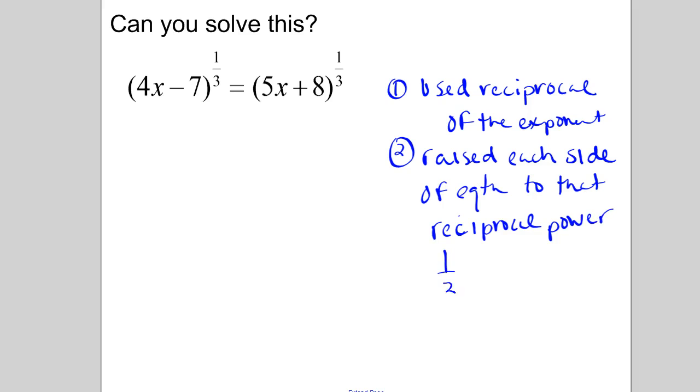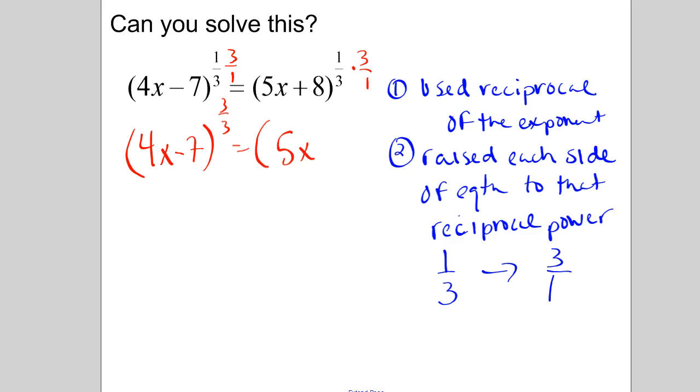So if my power is to the 1/3, the reciprocal is 3/1. So let's go ahead, raise this to the 3/1, raise this to the 3/1, and I get 4x minus 7 to the 3/3, 5x plus 8 to the 3/3. Well, 3/3 is just 1. So this becomes a really nice equation to solve.